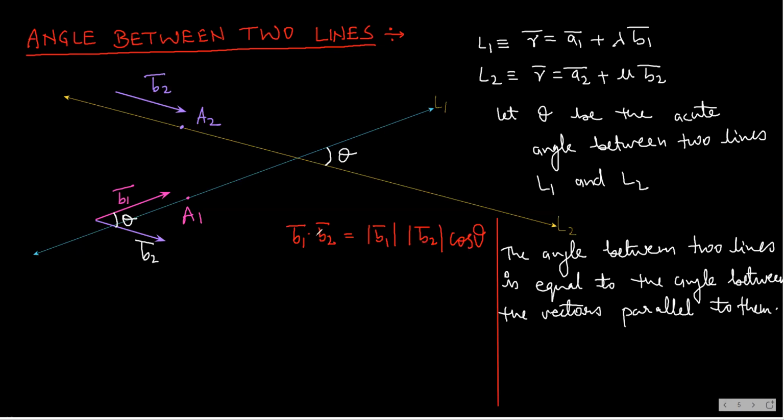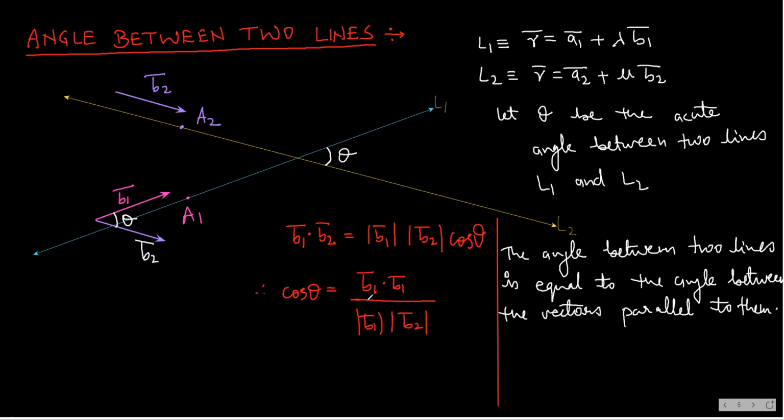Therefore, cos theta is B1 bar dot B2 bar upon mod of B1 bar into mod of B2 bar.